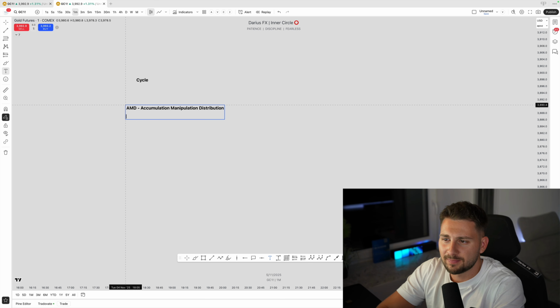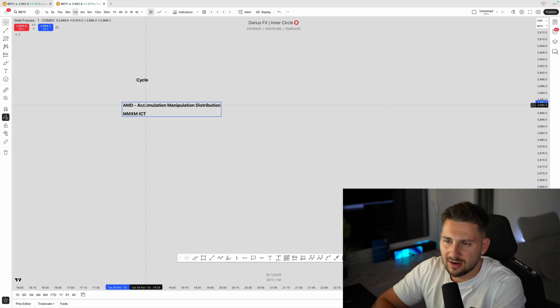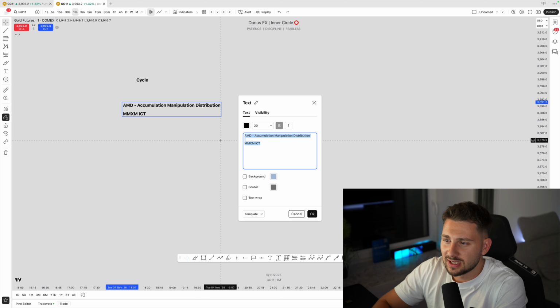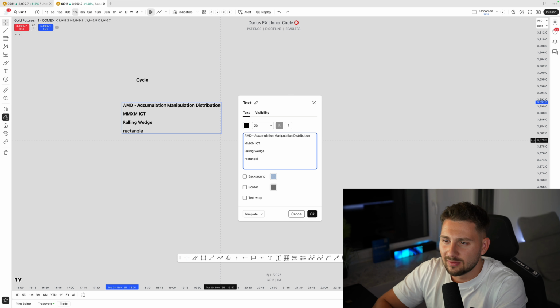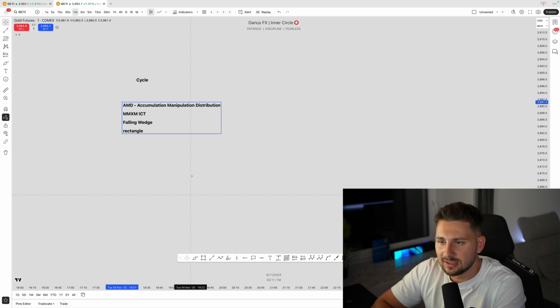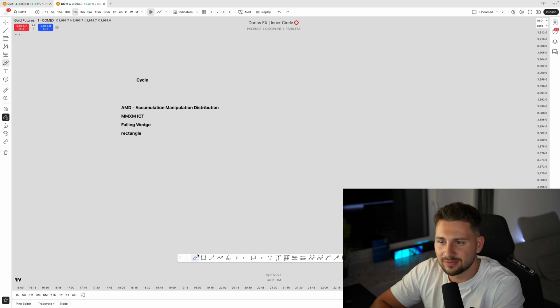Maybe you also heard about a cycle called the market maker model from ICT, whatever. It doesn't matter, I really don't care, but maybe you also know it under a different name, which is something like a falling wedge pattern or a rectangle pattern. It doesn't matter. What you gotta understand is basically the concepts around these names.